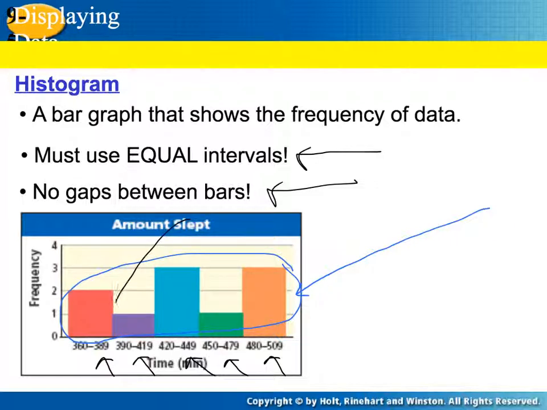There are no gaps in between here. They are connected. Okay, there is a gap right in here to start off with, and you want that gap. But once that gap is made, all of the bars are connected. They're all together. The bars are connected, not the bars with the graph. Okay, this would be the bars with the graph. There's space there. Connect all of the bars together.